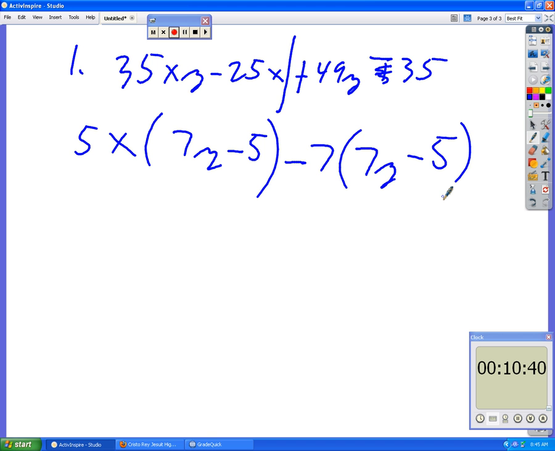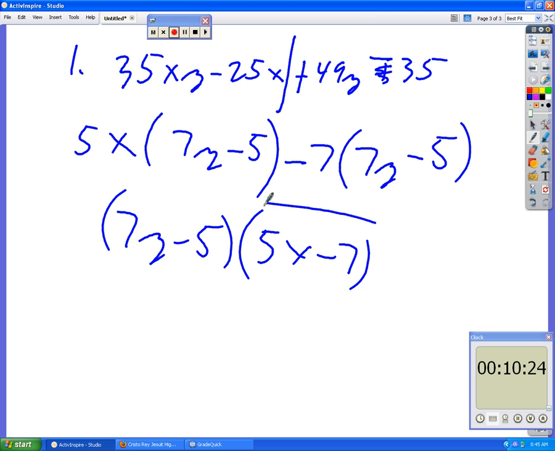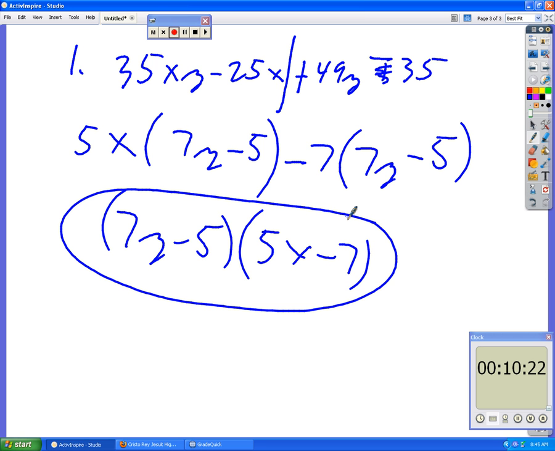And the right answer is, take what's in parentheses and write it down. Put a second parenthesis with nothing between them, and put down everything that's not in the parentheses, which is 5x over here, minus 7 over here, parenthesis, and that is our answer.